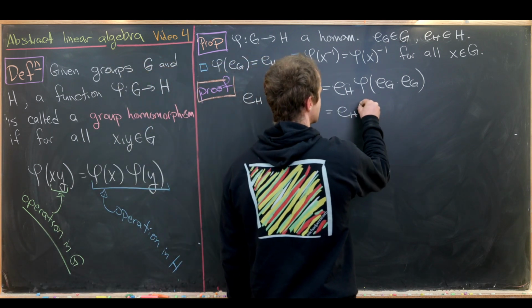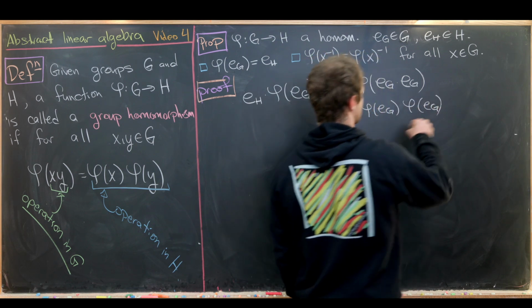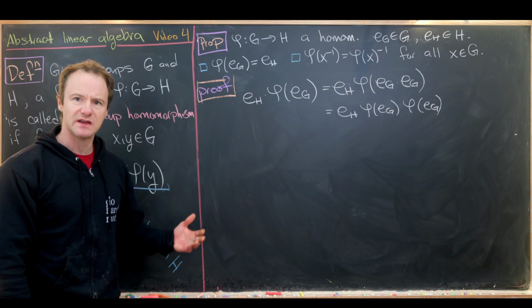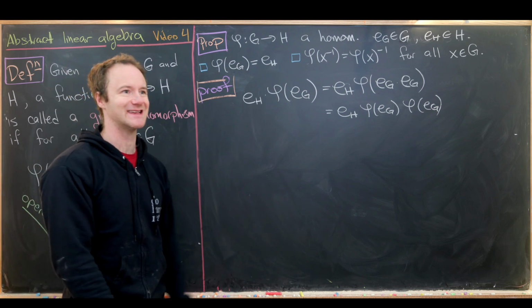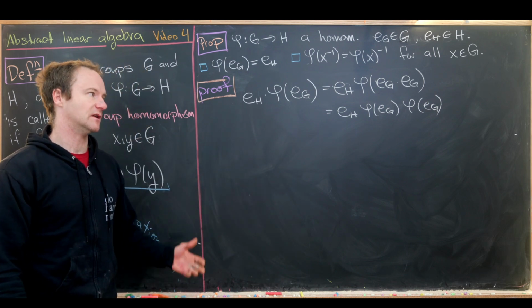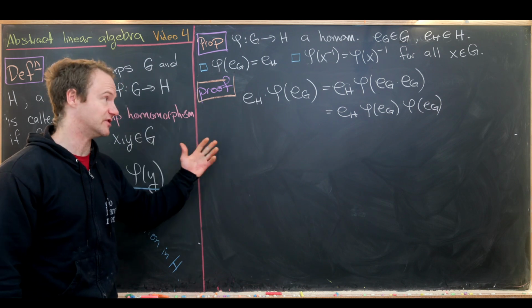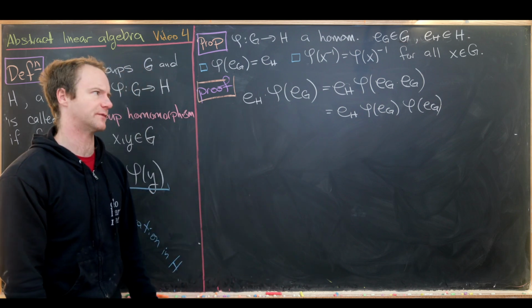So we have e_H, phi of e_G, phi of e_G. And I'm not being careful at all here with my associativity because we know that we have associativity. So that means that we could put parentheses anywhere we need to. In fact, that means we can just leave them off altogether because it's kind of understood that all different ways of grouping give us equal things.